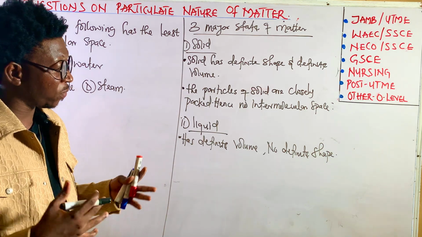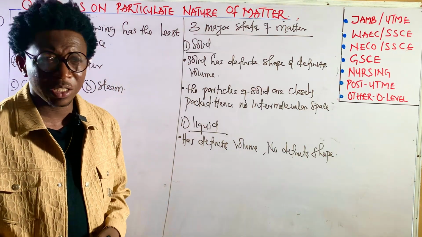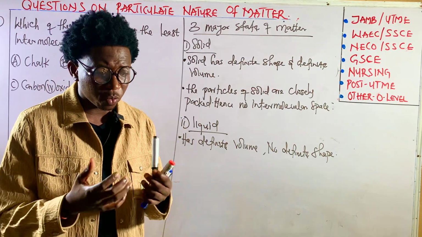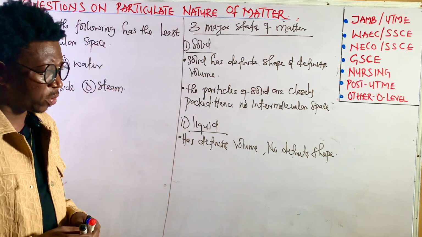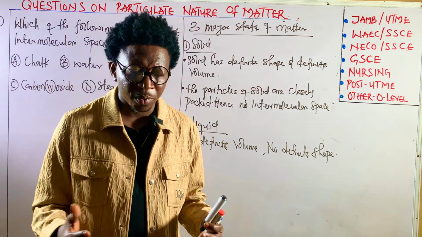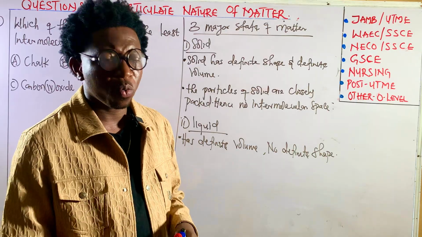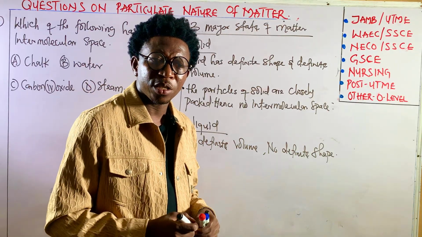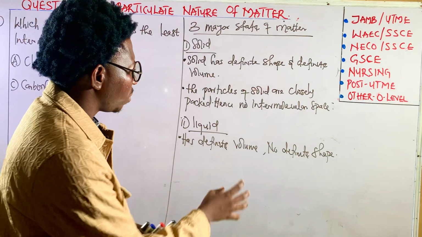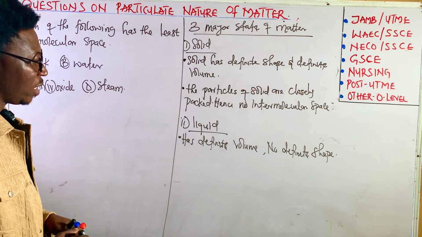However, the shape of water is not definite. Water can take the shape of any container it contains. If the container is square in shape, water will take that shape. If the container is spherical in shape, water will take that shape. If the container is irregular in shape, water will take that shape. So that's what it means when we say that liquid does not have a definite shape.